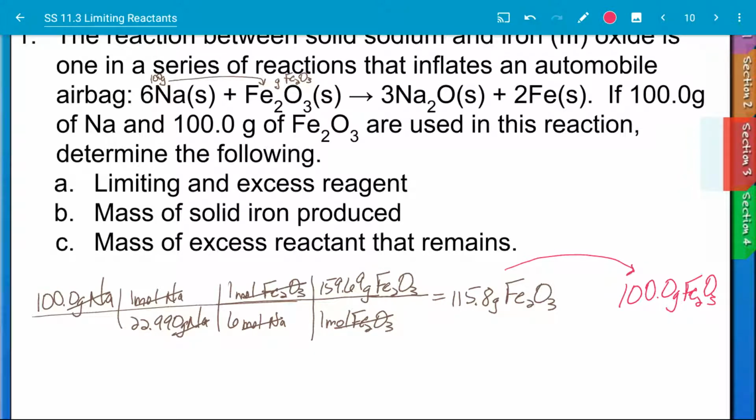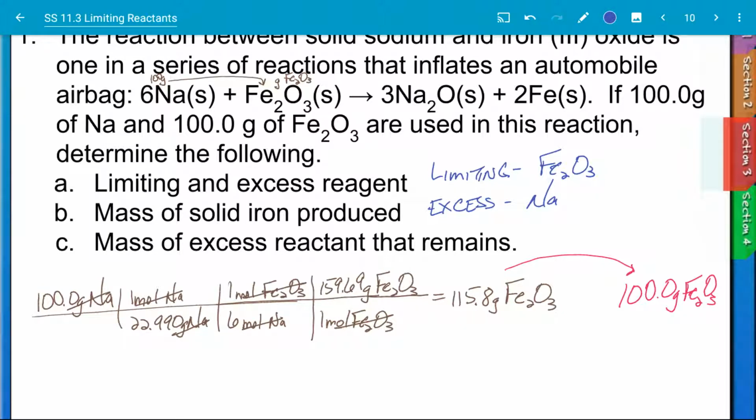So my iron 3 oxide is my limiting reagent. Limiting is iron 3 oxide, excess is my sodium.